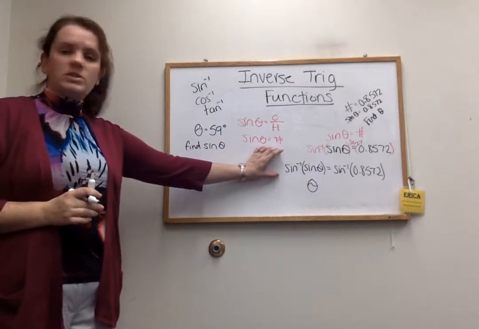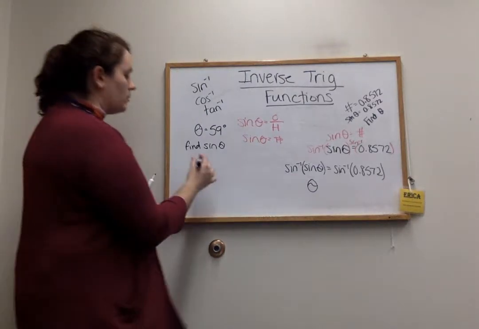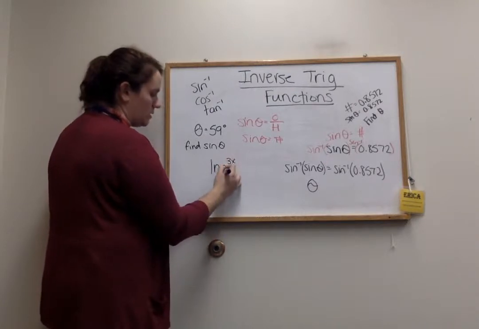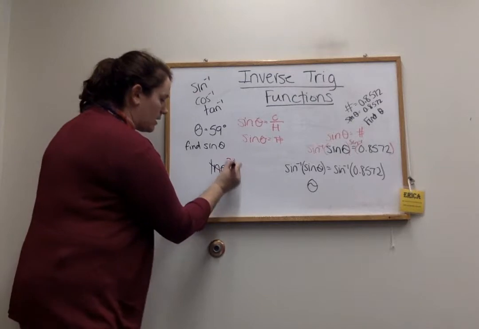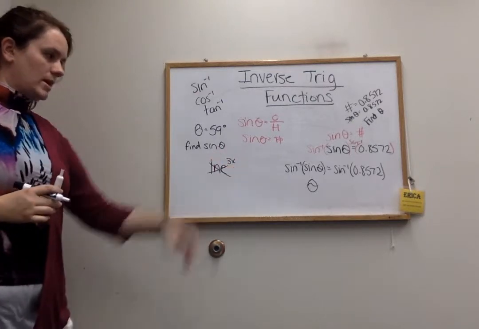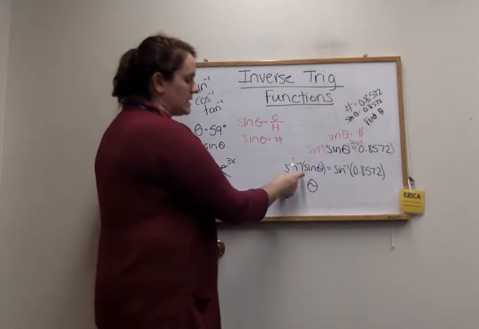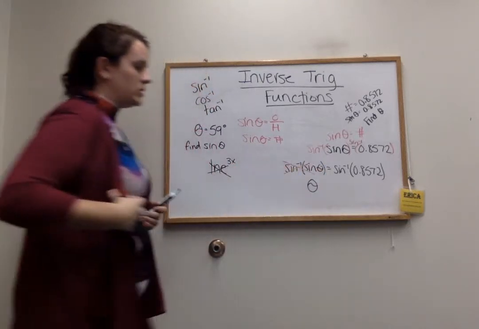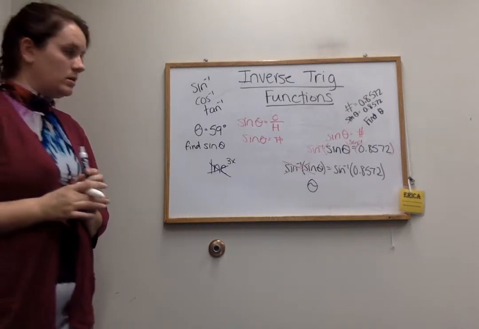This is very much similar to what we were doing with the logs and the exponents. When we had the ln of e to some number, the ln and the e undo each other. They go away, so that all we have left is the 3x. Very much the same. The sine inverse of the sine. This is the composition of functions. Those go away and we're just left with theta.